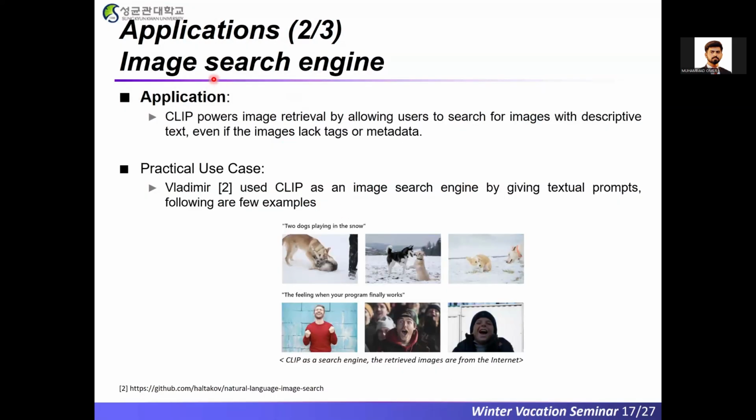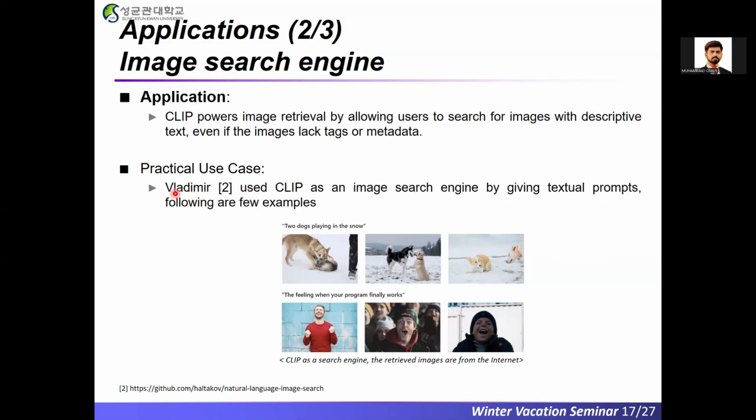The other application is an image search engine. CLIP powers image retrieval by allowing users to search for images with descriptive text, even if the images lack tags or metadata. It was first found by Vladimir.